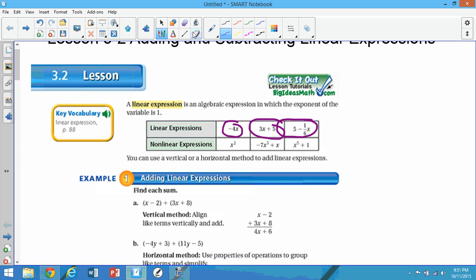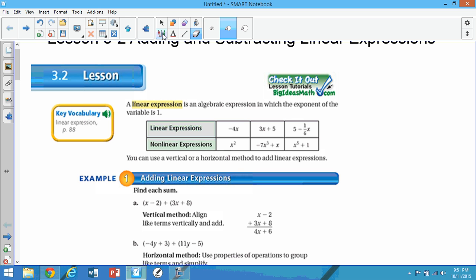Like all three of these, this is just an x, just an x, just an x, and it could be an a, b, c, d, e, f, an alpha, beta, or a gamma. It doesn't really matter as long as your variable is only to the power of 1 or to no power. Because when it's the power of 1, we essentially leave it as no power.